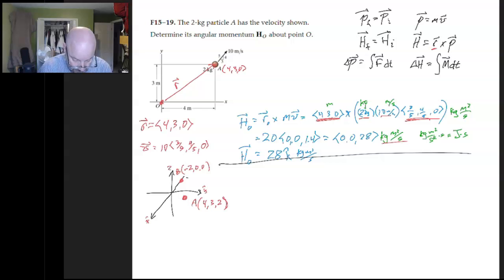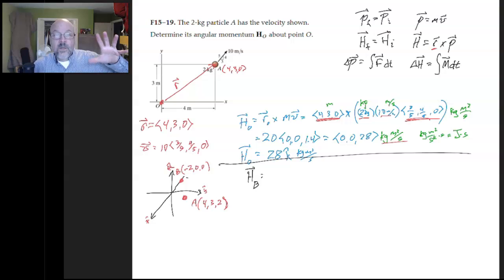Now what I want to show you how to do is find the angular momentum if we're not on the origin.